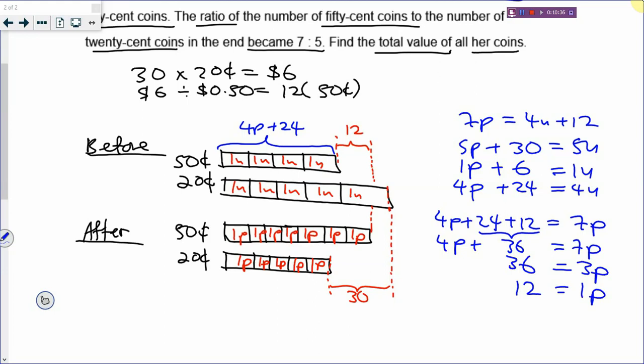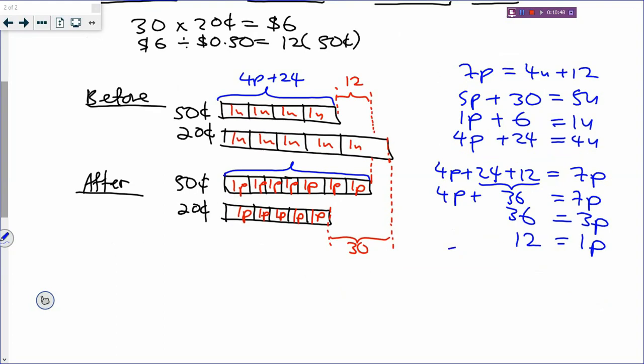Alright? Okay, if 1 part is equal to 12, can you find the total value of all the coins? You need to find how many 50-cent coins in the end. So there are 7 parts of 50-cent coins. So let's write down, 7 parts of 50-cent coins will be 7 times 12. That will be 84. 84 50-cent coins.